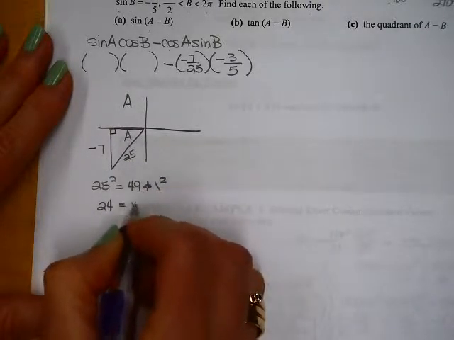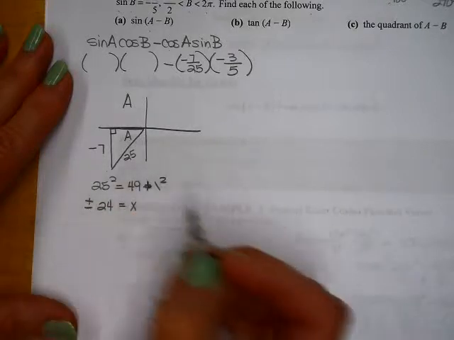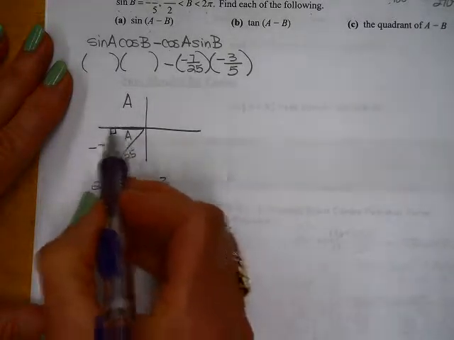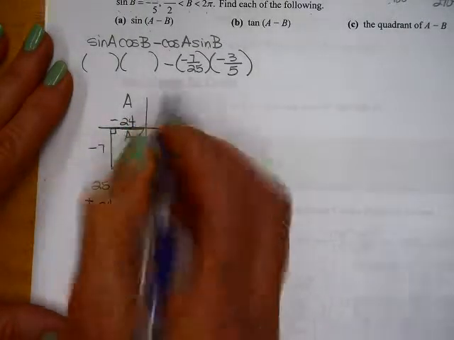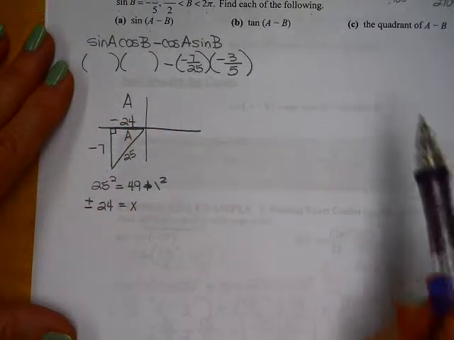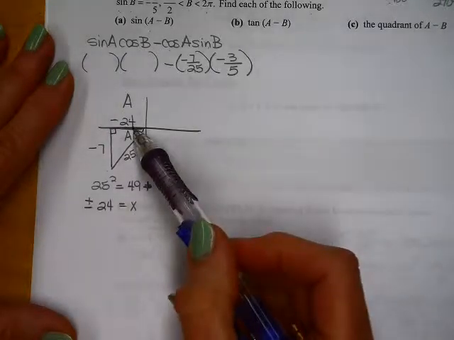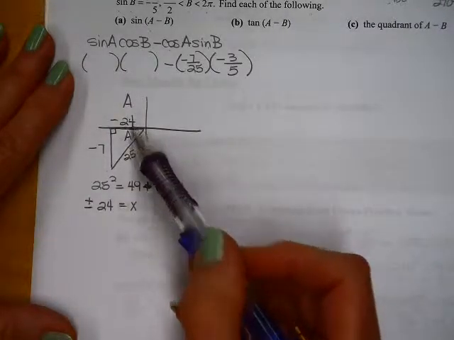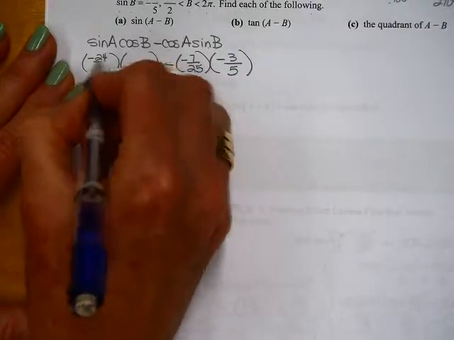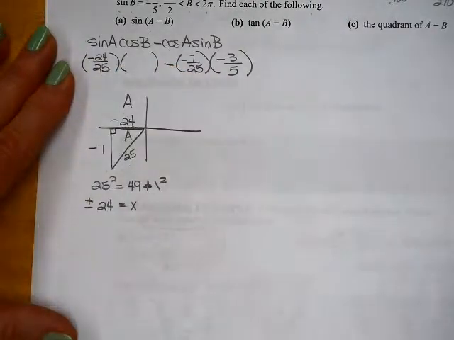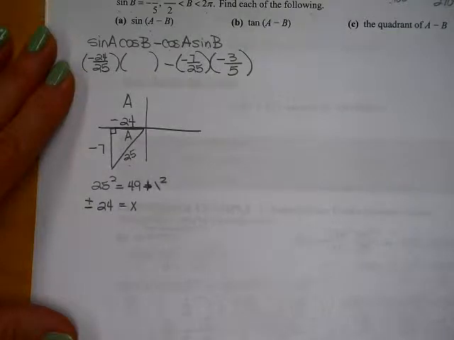Positive or negative? X is going to be positive or negative 24. Exactly. X is negative 24. So the sine of angle A is negative 24 over 25. I was wondering if anybody would pick up on that it is the same triangle.